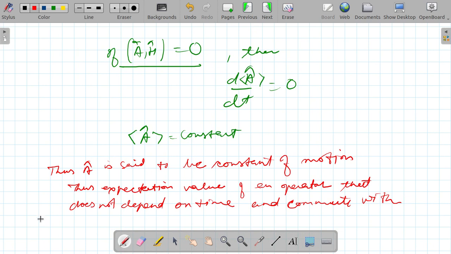Commuting with the Hamiltonian means it is a constant of motion.